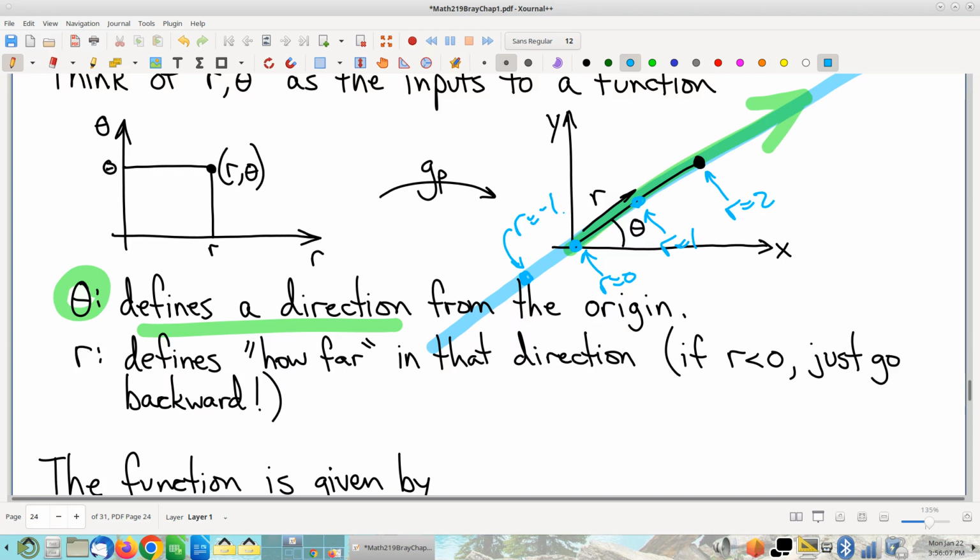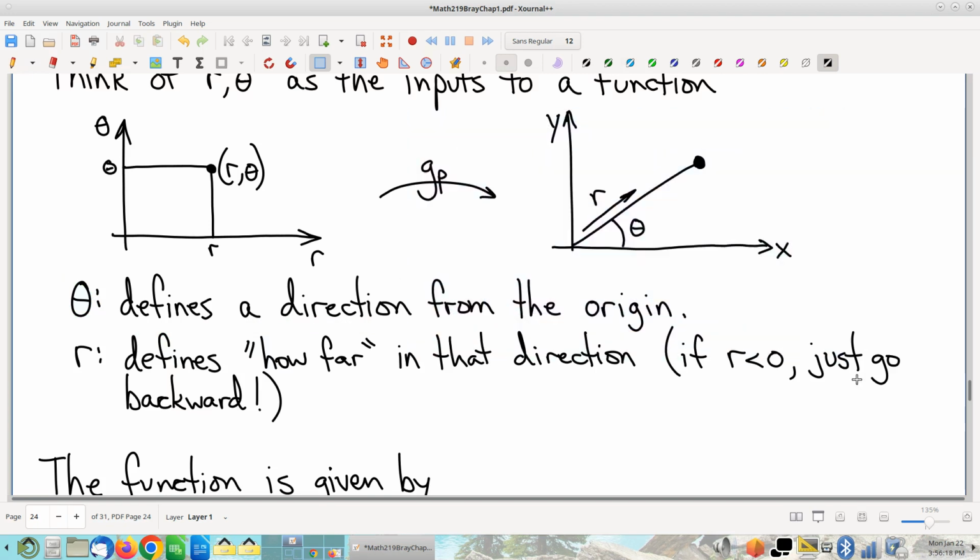Does that make sense to everybody? Okay.